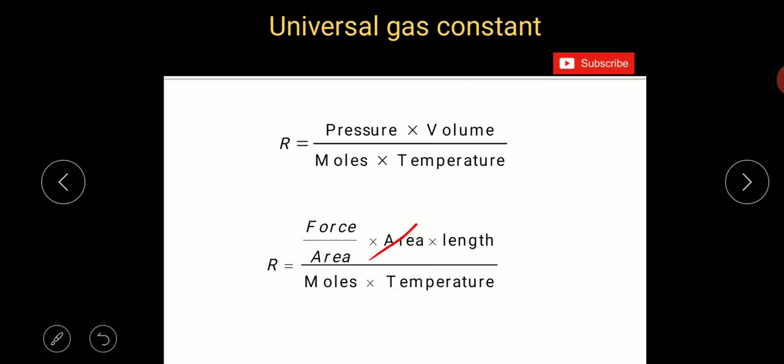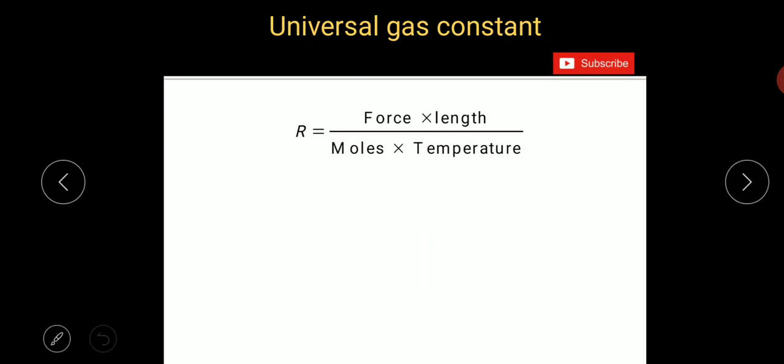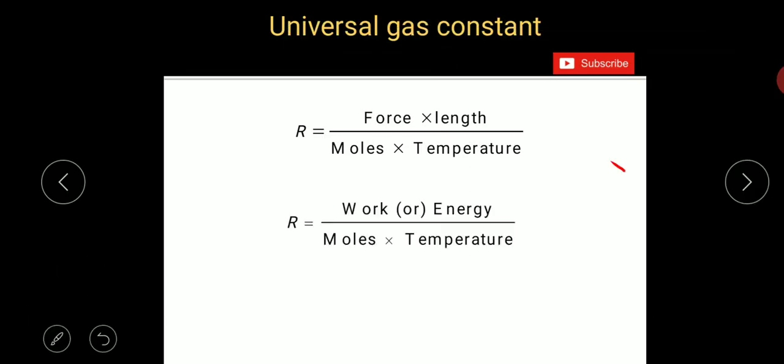So this area term gets cancelled and the expression for R will become product of force into length divided by moles into temperature. And what is the product of force and length? It is equal to work or energy. So pressure and volume product can be replaced by work.